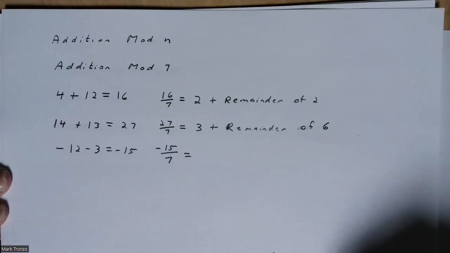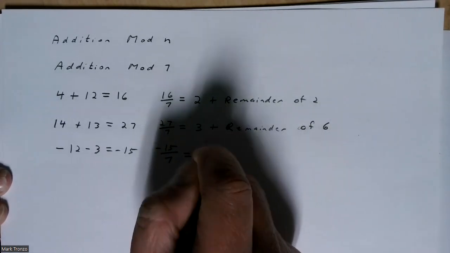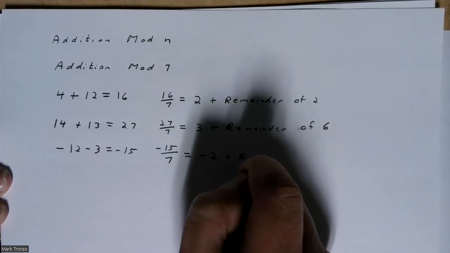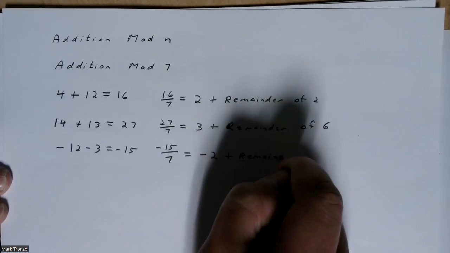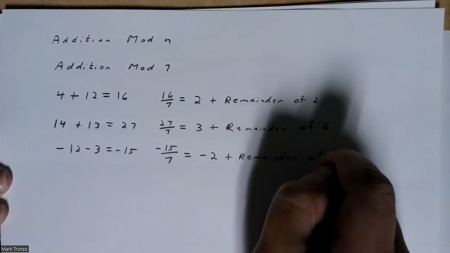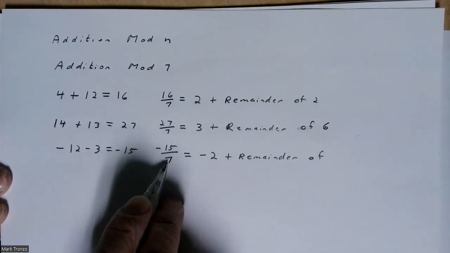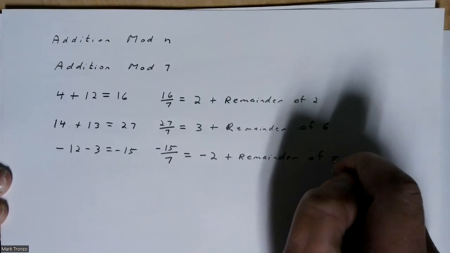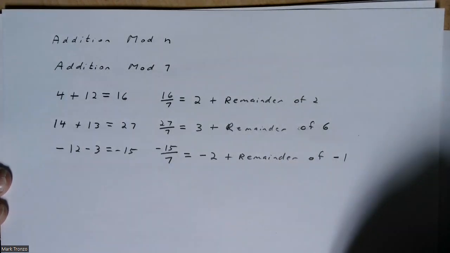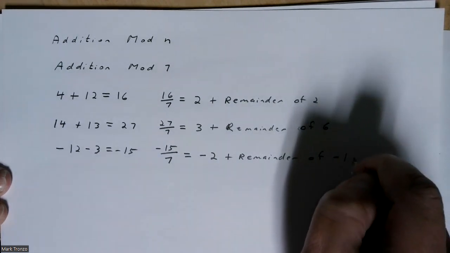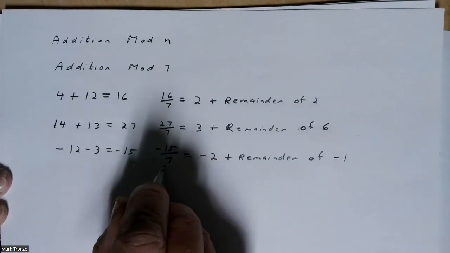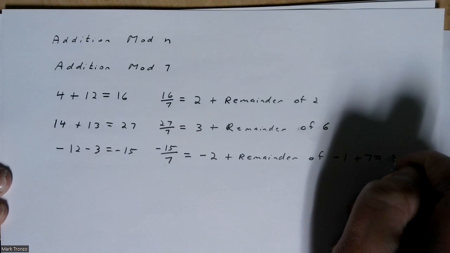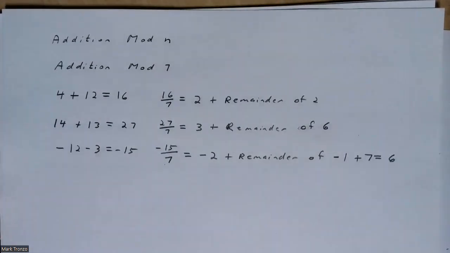In this case, this will be negative 2 plus a remainder of minus 1. And then for negative numbers, you have to add this 7, which is equal to 6, like this.